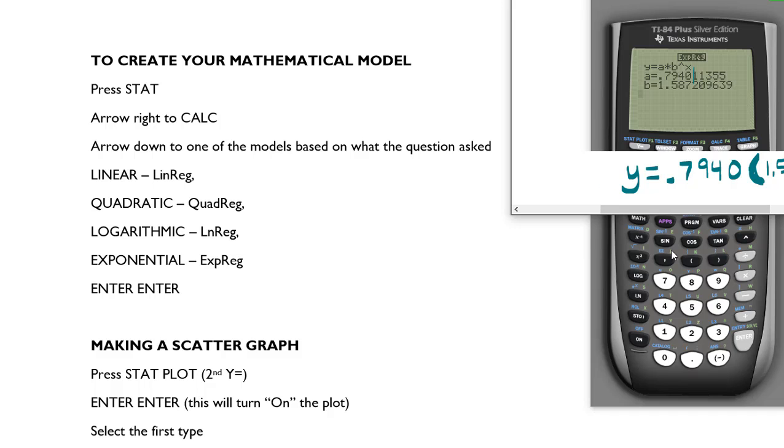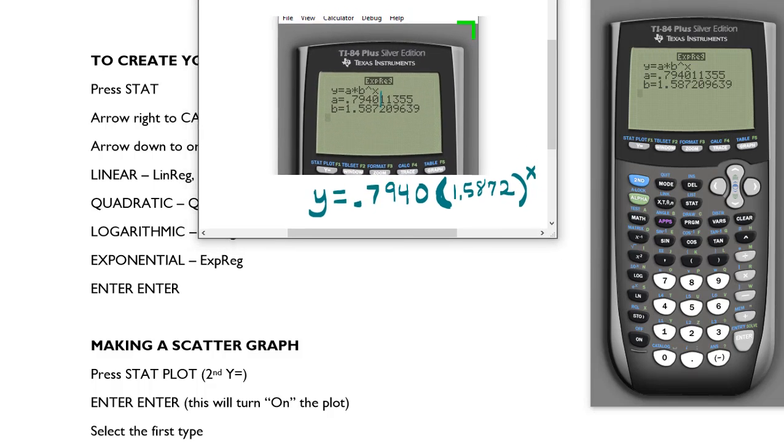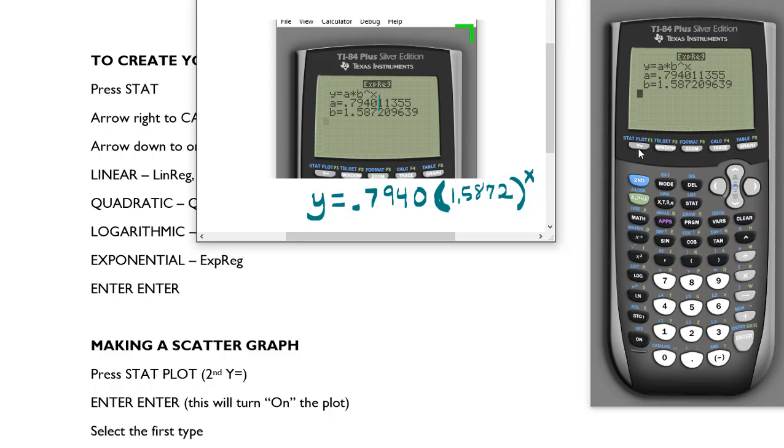Now you're probably curious, does this actually come out as what we're looking for? Let's find out if it does. So we can go into y equals, and this will allow us to actually graph the equation of the exponential on top of the data plot or the scatter plot.